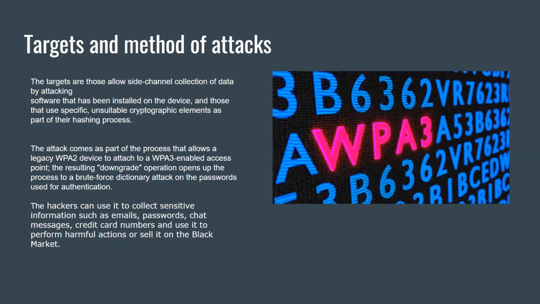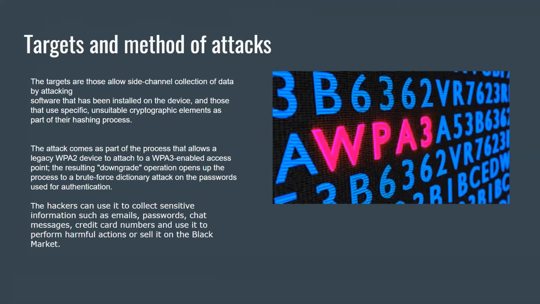The method of this attack allows a legacy WPA2 device to attach to a WPA3-enabled access point. The resulting downgrade operation, as I talked about, opens up the process to a brute force dictionary attack on the password used for authentication.